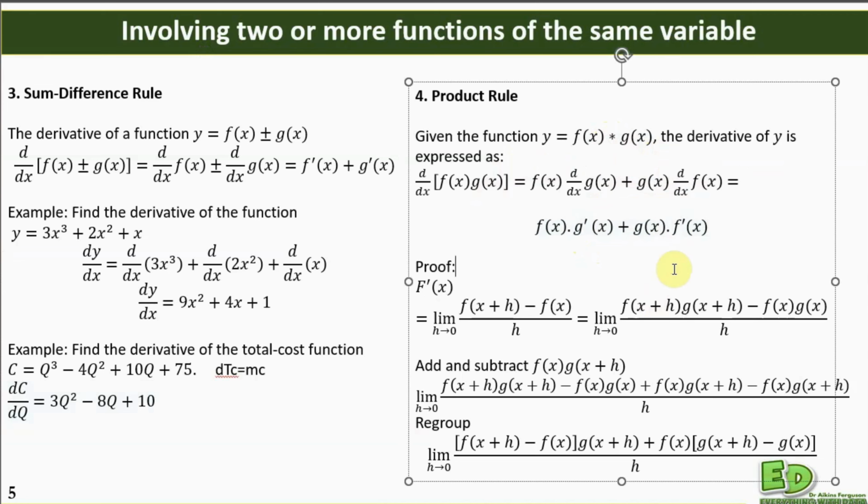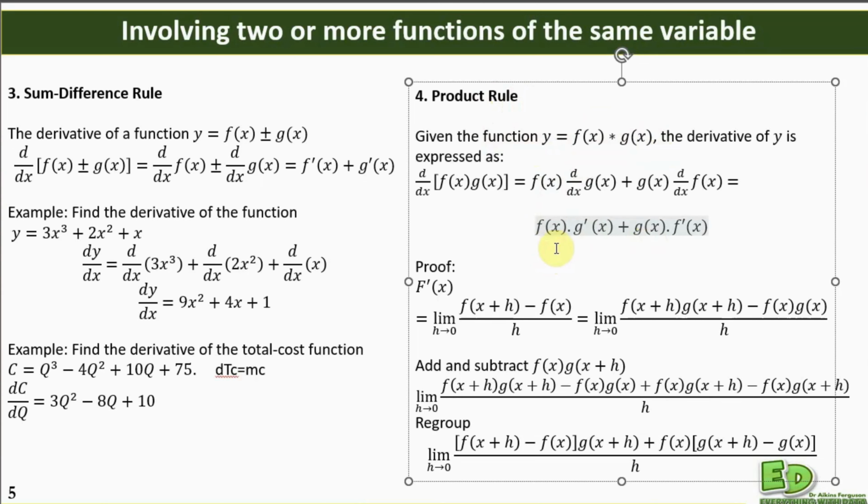At the time that we use the product rule, that means you have two terms multiplying each other, say f of x multiplying g of x. Product means times or multiplication. This is the formula for the product rule.